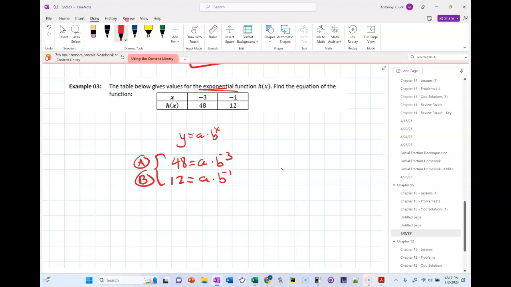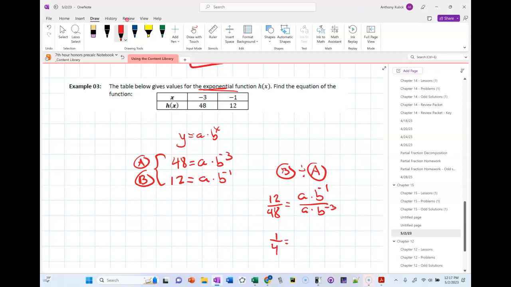What I always do is I take the one with the biggest exponent and divide it by the one with the smaller exponent. So negative 1 is bigger than negative 3, right? Because negative 3 is more negative. So we'll write that 12 over 48 is equal to a times b to the negative 3 over a times b to the negative 1... 12 over 48 reduces to just 1/4.